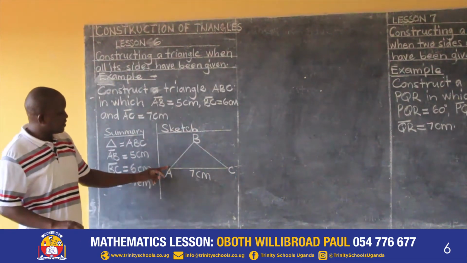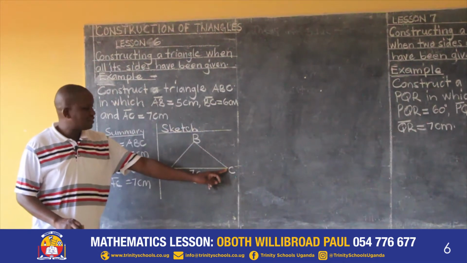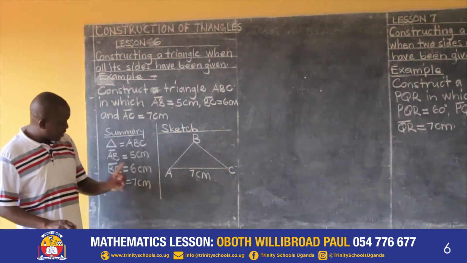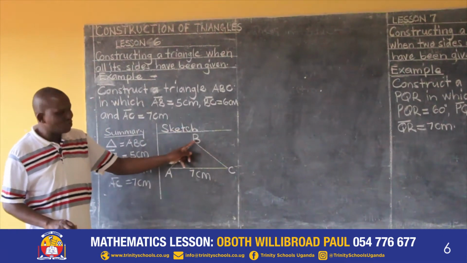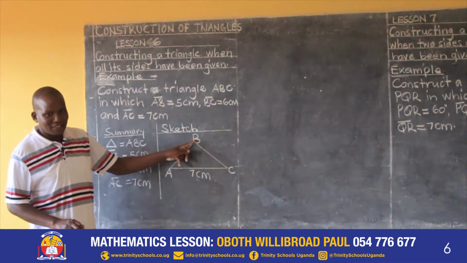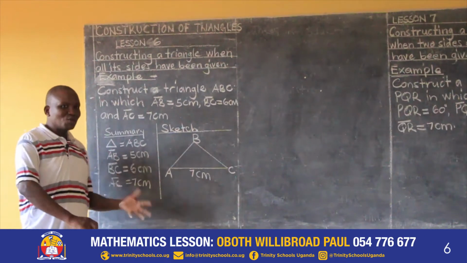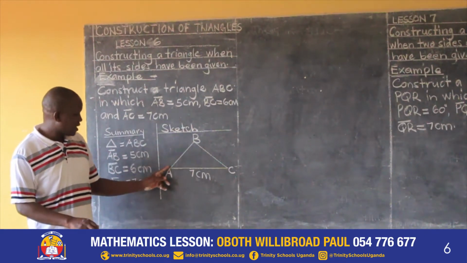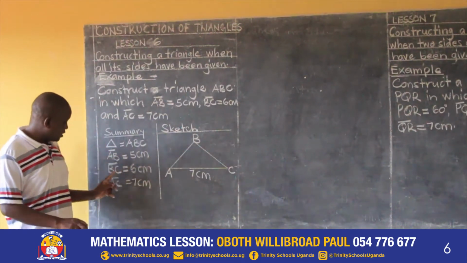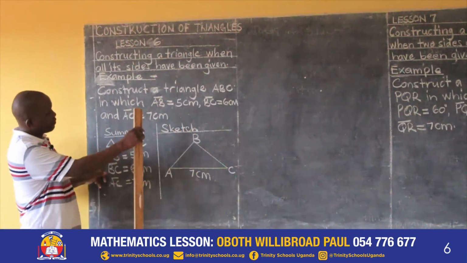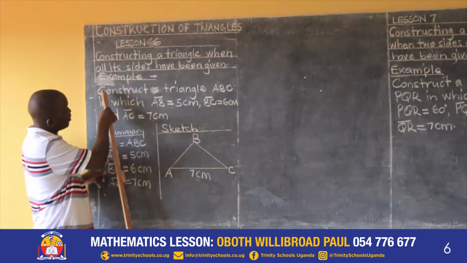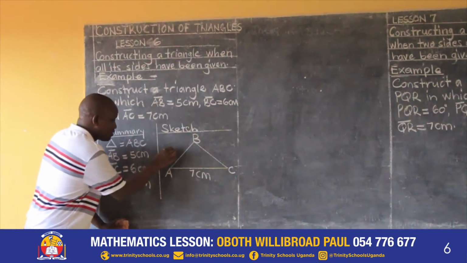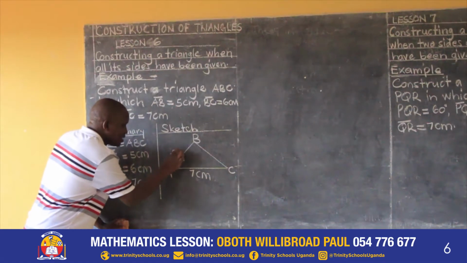So all the vertices have been named. Now ask yourself, what is the length of AB, so that you write the correct length and don't confuse where AB is supposed to be. According to our summary, from the information that was given, AB is 5 centimeters.